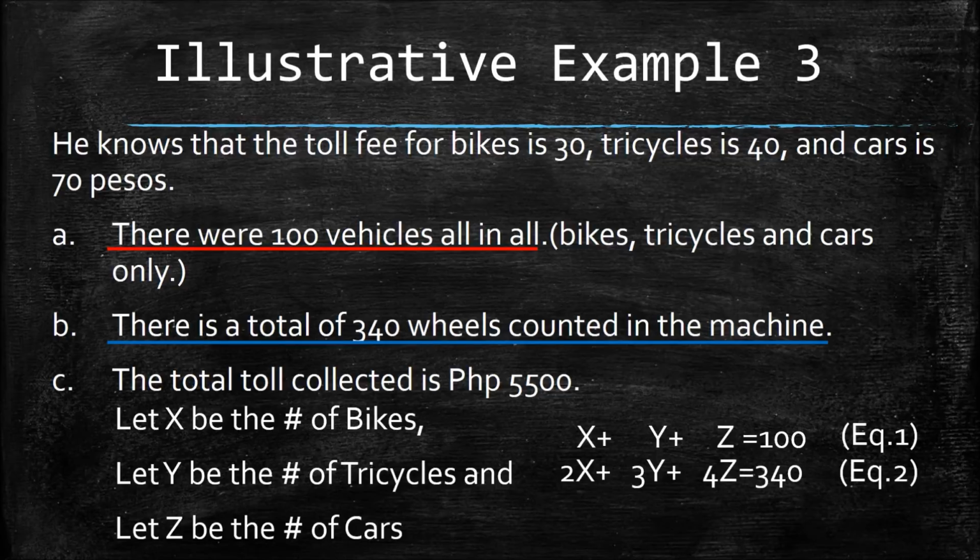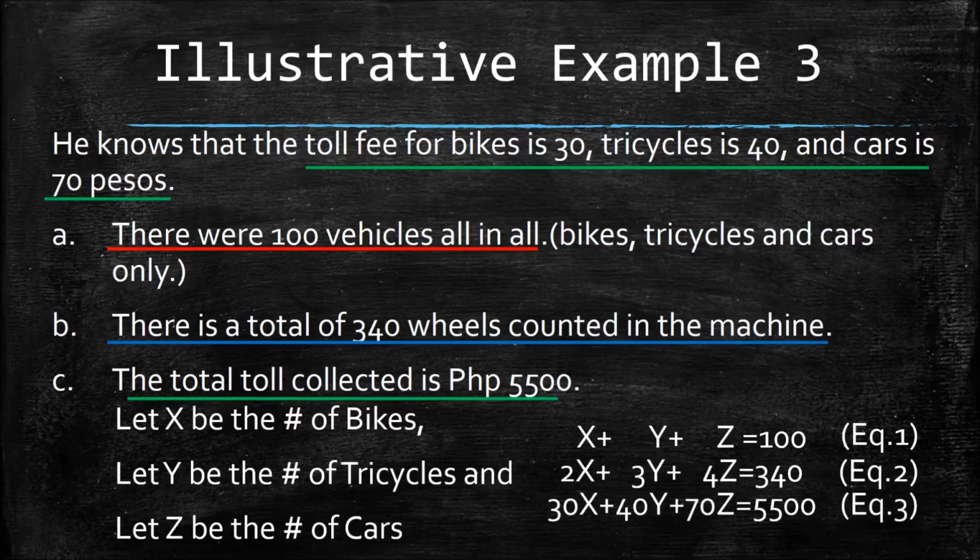The last statement to be translated is that the toll fee collected for today is 5,500. And since we know that each bike pays 30 pesos for toll, a tricycle pays 40 for toll, and a car pays 70 pesos for toll, we can write that as 30x plus 40y plus 70z is equal to 5,500, and we name that equation 3.